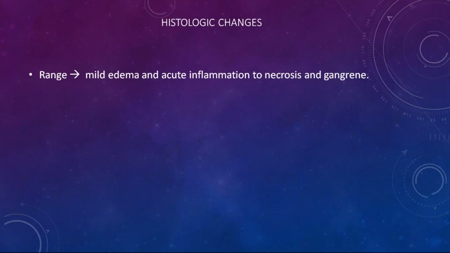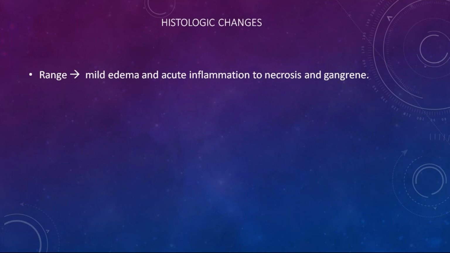So the histological changes: inflammation starts at a very manageable level, where if you can intervene, diagnose and treat the patient, you can avoid a major hospitalization phase. It starts as a mild edema.